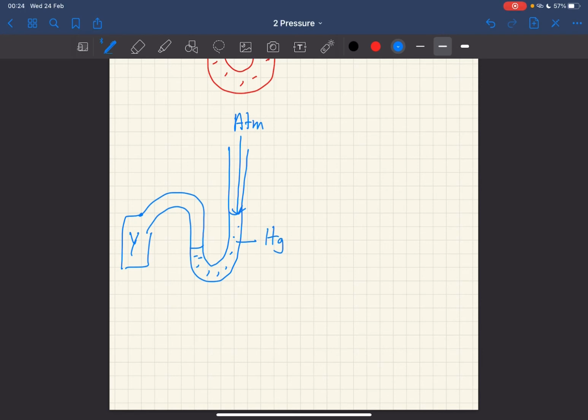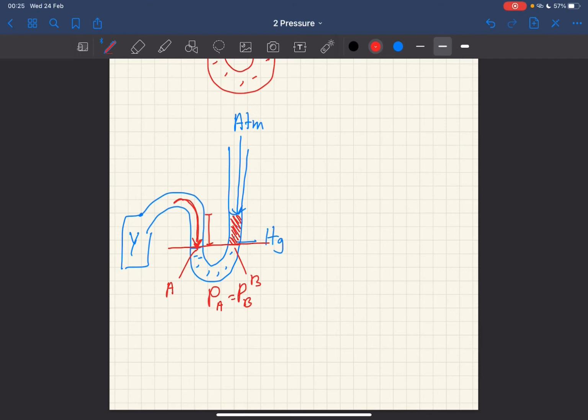The gas. Yes. Why? Because you can see that this level has the same pressure. Let's say this is A and this is B. So pressure at A equals pressure at B. And you can also see that the gas is strong enough that it pushes this amount of mercury above.